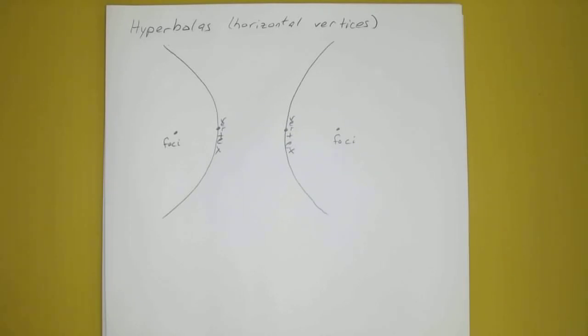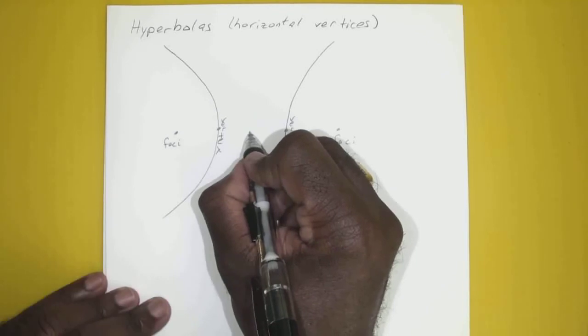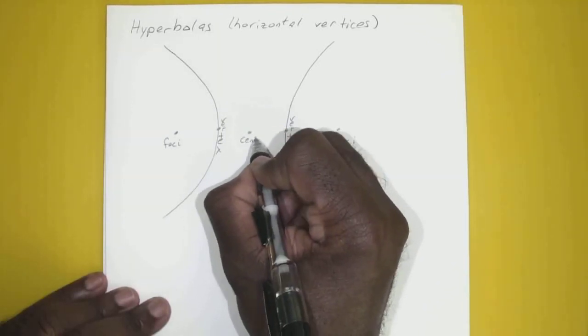Now, the only difference between a parabola and a hyperbola, other than being two of them, is that you have a distance between both of them that we'll call our center.